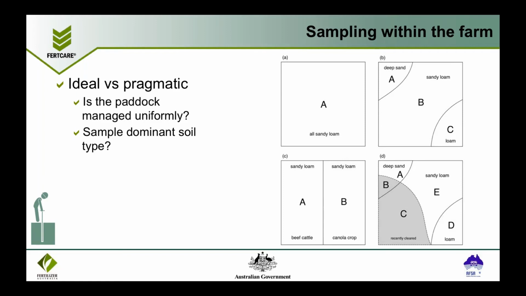And if you're making a fertiliser recommendation, the farmer is not going to change his fertiliser program according to the strata that you've identified, then it may be more pragmatic for you to sample the dominant soil type within a particular paddock and adjust the fertiliser recommendation accordingly. What's probably really important here, though, is that there's a conversation had with the grower in order to identify where the best place is for sampling.